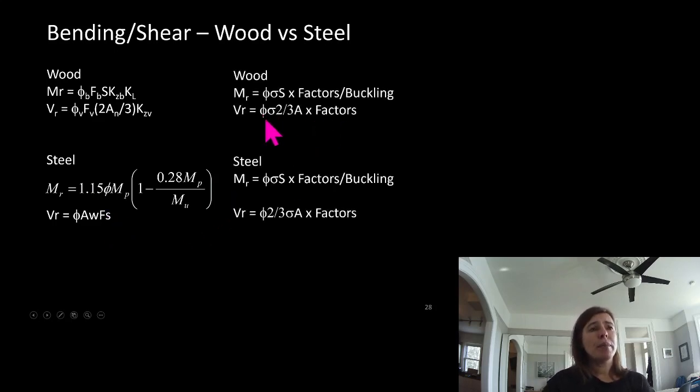So for both of them, for bending, we've got a reduction factor, our strength, our section modulus, and then factors for whether it's wood and its buckling capability. And for shear, for both of them, we've got our reduction factor, our strength, 2/3 times the area, times some factors. So whether it is wood or steel, the equations are fundamentally the same, even though they look slightly different. The exact same philosophies are being followed for both methods of material analysis.